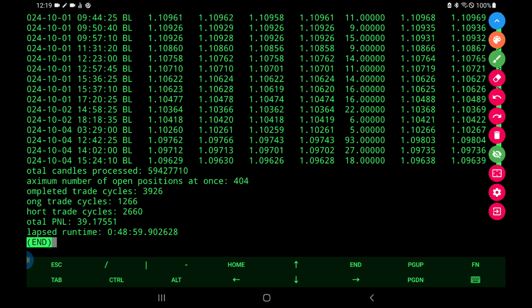I completed a total of 3,926 trades, well above the threshold of determining whether or not this strategy is profitable.